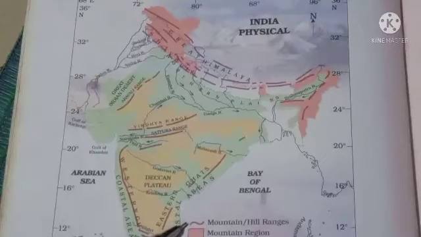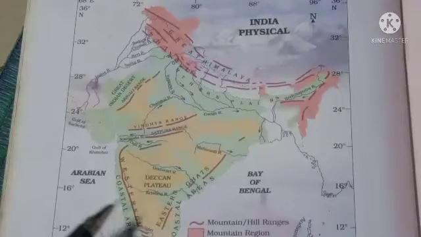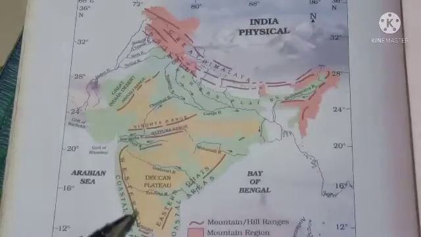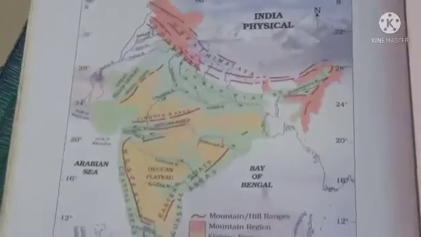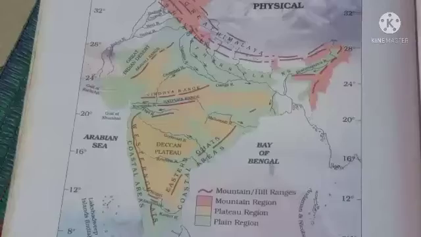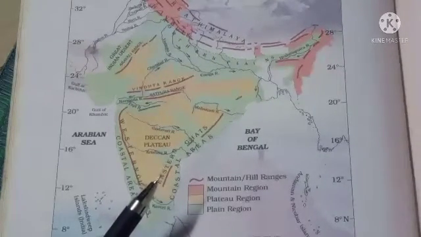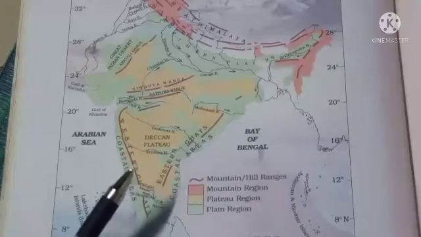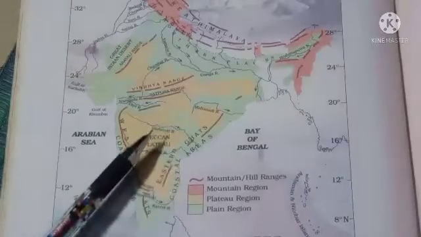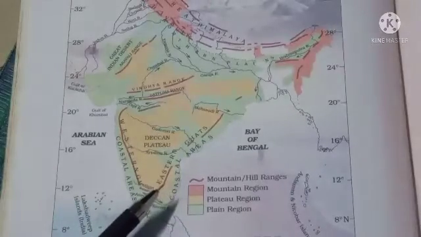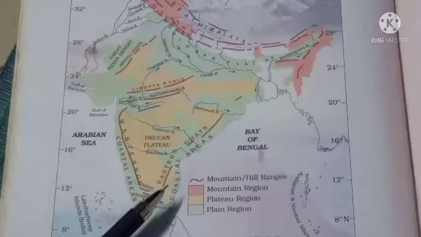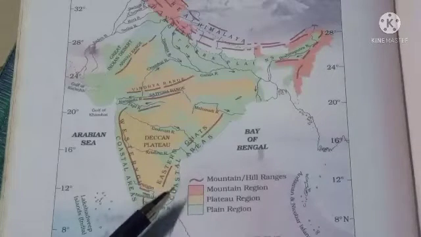The Western Ghats are almost continuous mountains, whereas the Eastern Ghats are not continuous mountains. The plateau regions are rich in minerals. We read in grade 5 very thoroughly that coal and iron ore are found here.